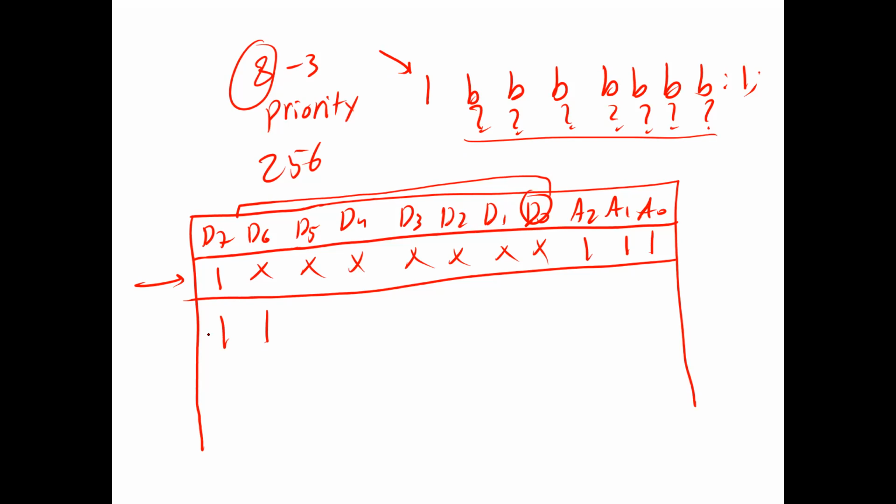Same for this case. If this is 0 and this is 1, I don't care about all the values of D5 to D0, because if D6 is 1, I want the output to be 110. Sorry, in a priority encoder you can't actually write a priority encoder as a primitive. I only put it as an example that some truth tables can be huge and you can shorten them. Remember, a primitive has only one output.